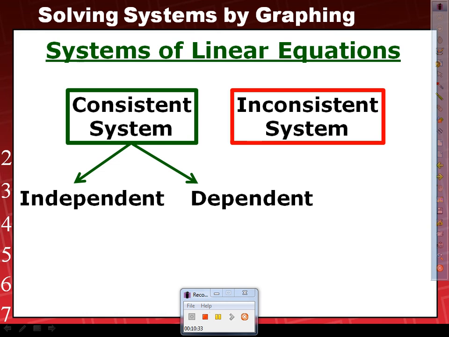It's infinite amount. So once again, let me recap again. System of linear equations, if it has solutions, is a what? Consistent. If it doesn't have solutions, it's inconsistent. If it has solutions, one solution is independent. No, infinite amount is dependent. Before I move on, explain this again to your neighbor, please.